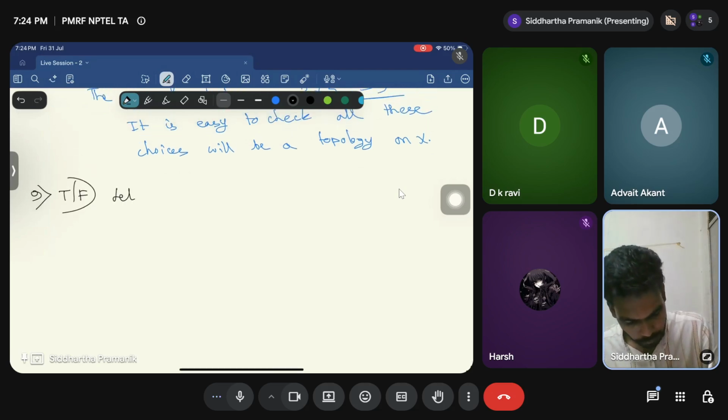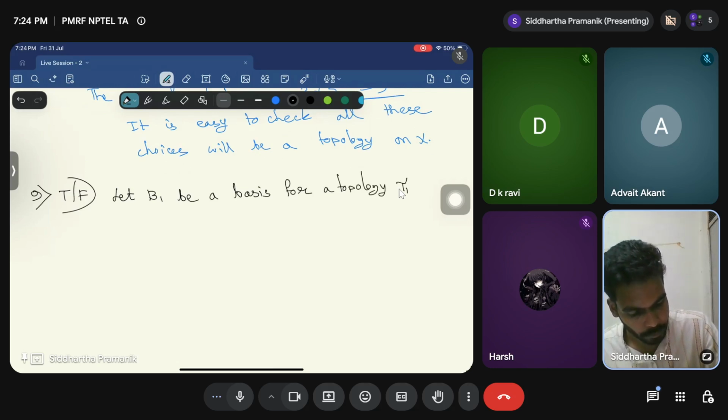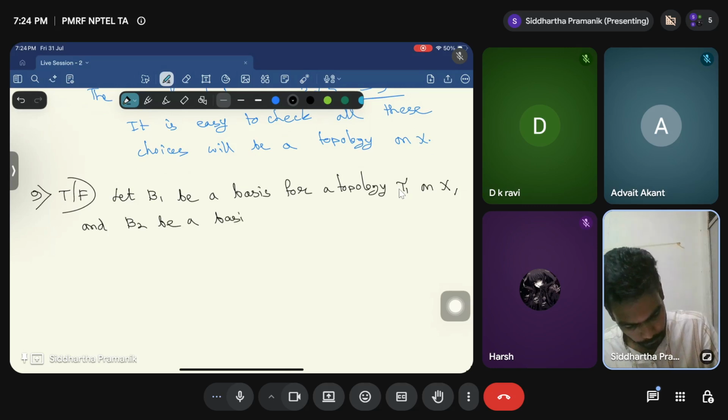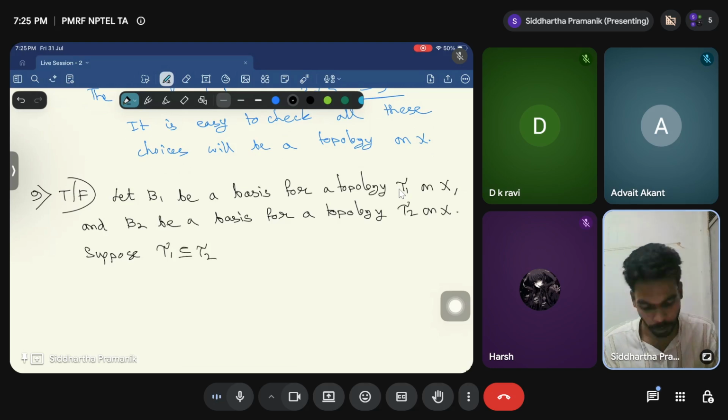So let B1 be a basis for a topology tau1 on X, and B2 be a basis for another topology tau2 on X. Now suppose tau1 is coarser than tau2, or tau1 is smaller than tau2.